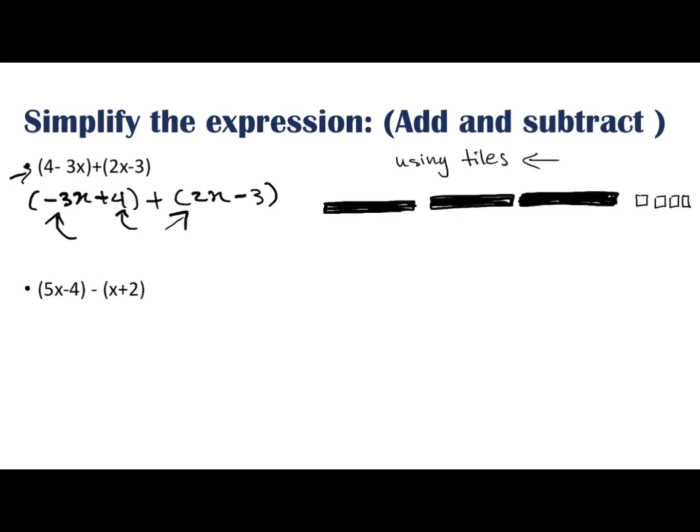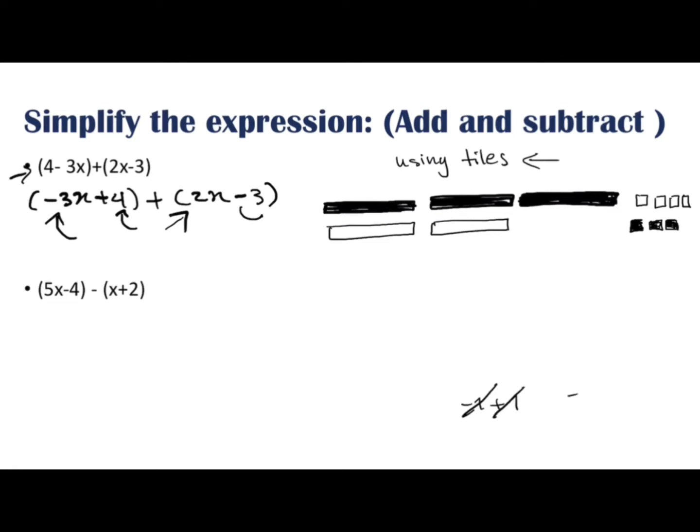Then for the second one, positive 2x, it is plain 2, and negative 3, we have darker 3, 1 2 3. Now here you need to have the idea of negative 1 and positive 1. If we have negative 1 and positive 1, we just simplify, then it gets cancelled.